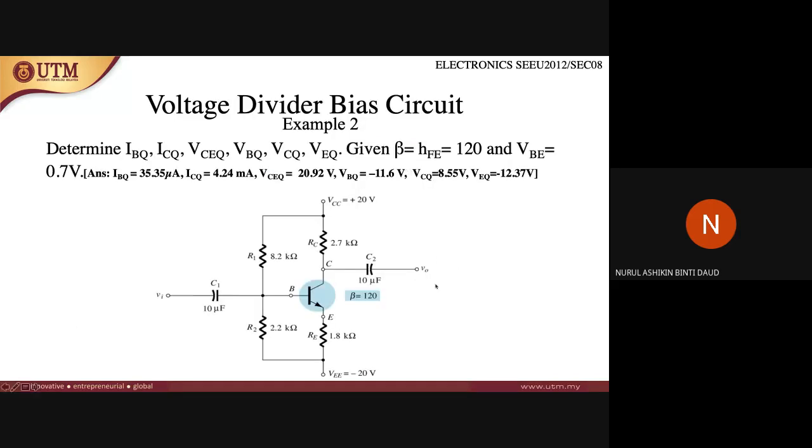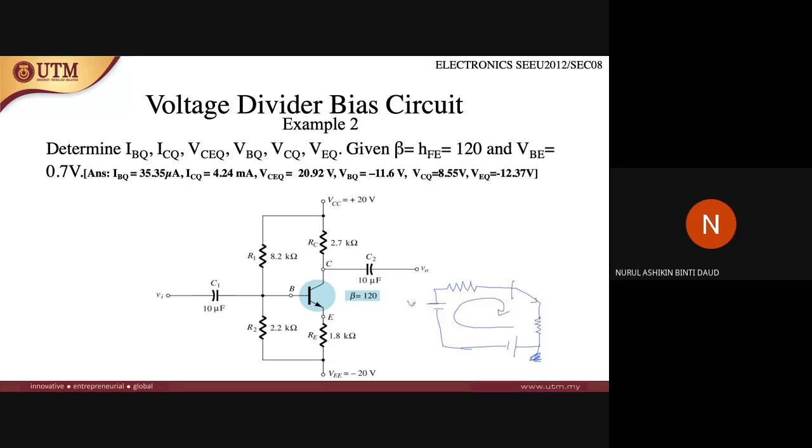So the BE loop will look like this. This is the positive, and I'm only drawing this part, and then there is another voltage polarity here. There is no ground here.